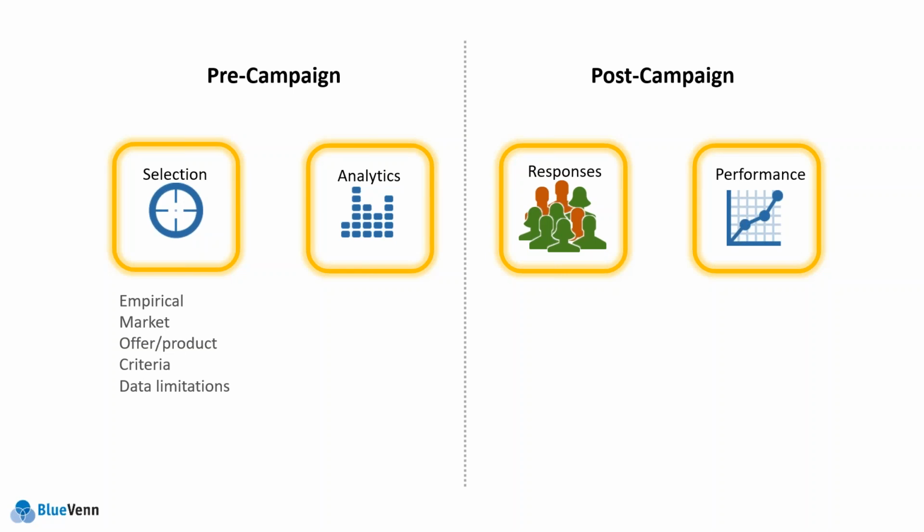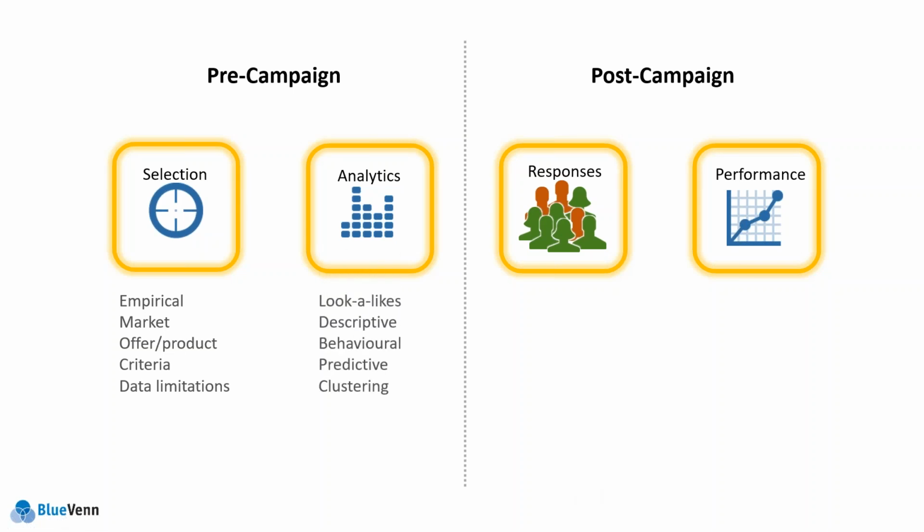Fixed criteria that you have no control over, for example, opt-ins and compliance and those sorts of things. And of course, you may have some limitations around the data you can actually use anyway, and therefore you may have to use guesswork.